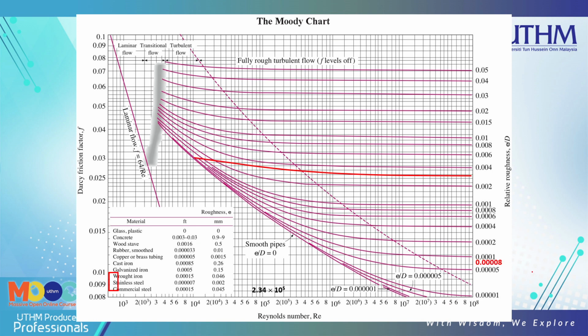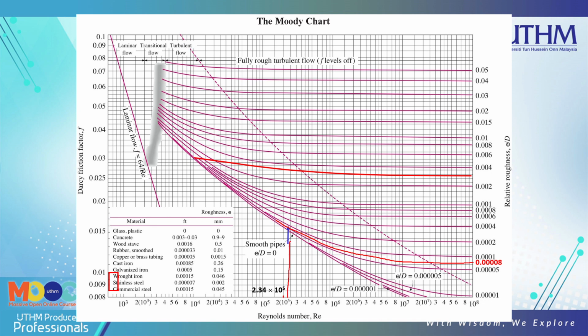For the 0.0008 here, you just draw the line. The Reynolds number is 2.3 times ten to a power, so 2 is here, 2.5 is here, and 2.3 is at this base.